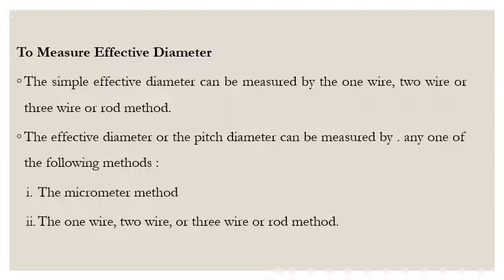Further, these wire methods are a lengthy, time consuming process, whereas the micrometer method is a quicker one, which easily gives an approximate reading of the effective diameter.